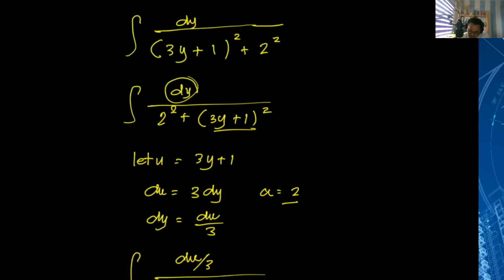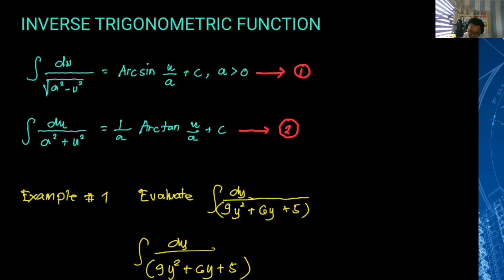By the way, class, for you to decide right away which of formula 1 or 2 will be used, this is my technique from my time in college. If it is arctan, it has no square root, no radical sign.